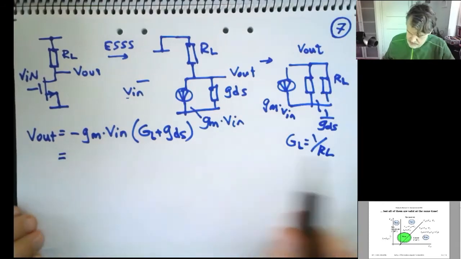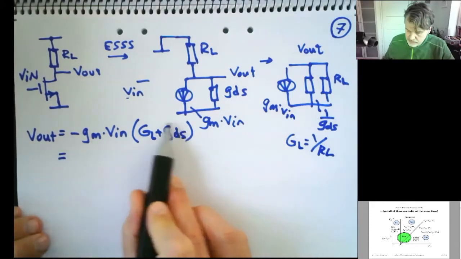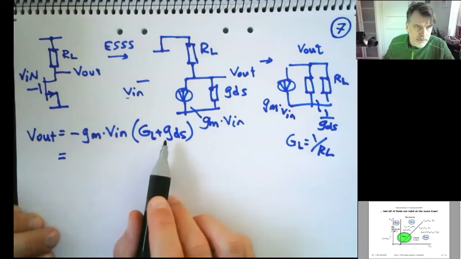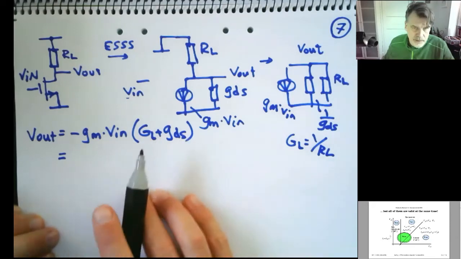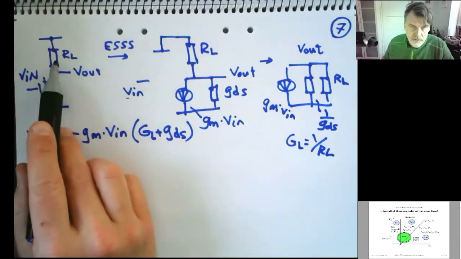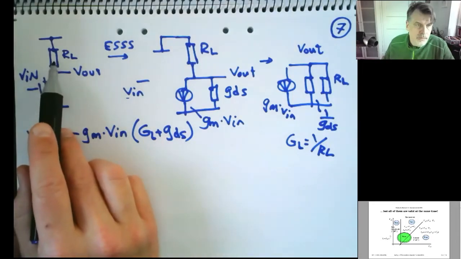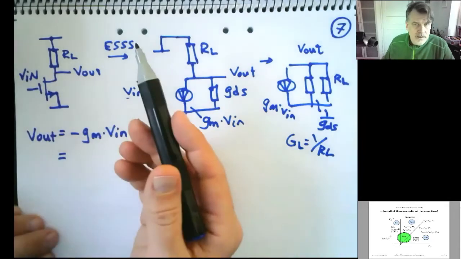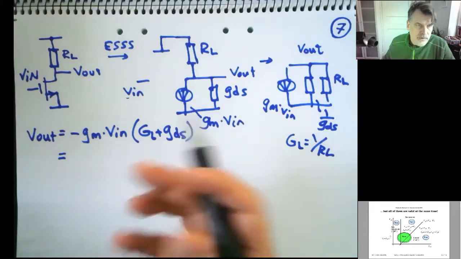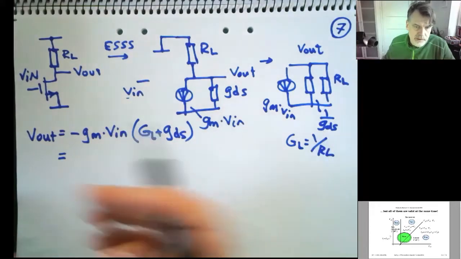All right, what can we say here? Well, GDS is a parameter which is small. The transistor is a good component, so it has high output impedance. So this GDS becomes low. RL is a resistor, which is typically in the kilo ohm region. Why is it in kilo ohm? Well, we don't know for sure, but if I have kilo ohms, I will get milliamps, which is a considerably okay current.